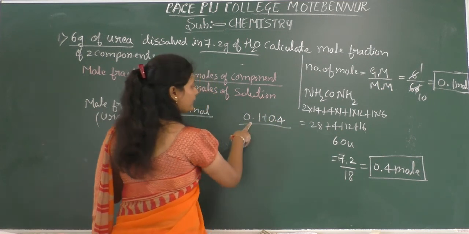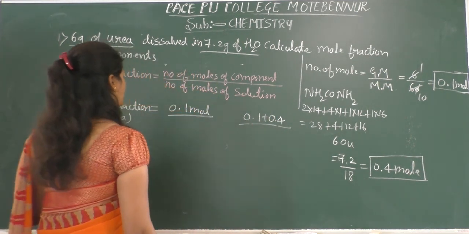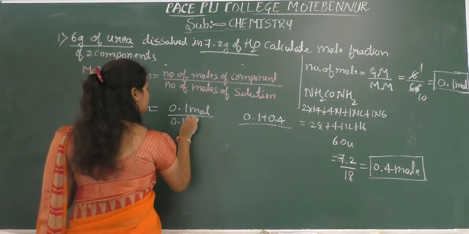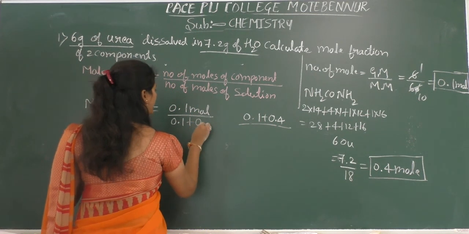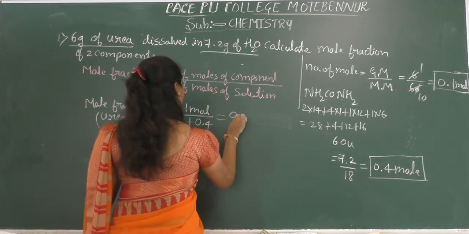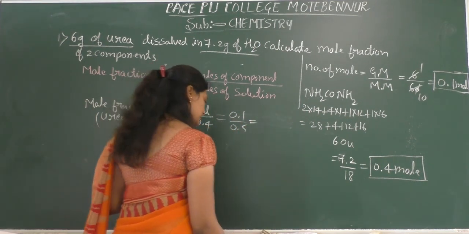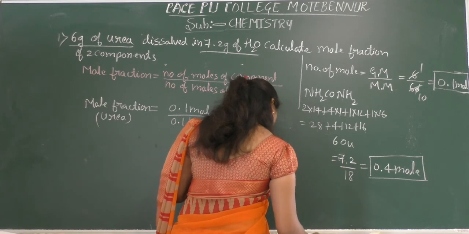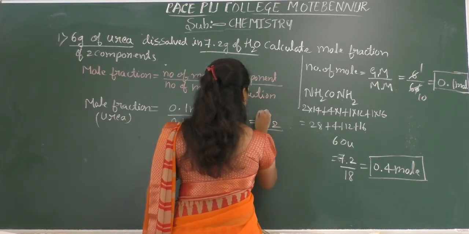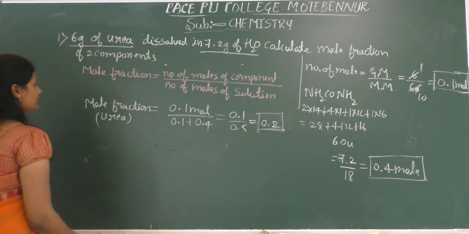This is the number of moles of urea and this one is the number of moles of water. Okay, so next 0.1 divided by 0.5, this will give us the answer 0.2. So this is the mole fraction of urea in the given solution.